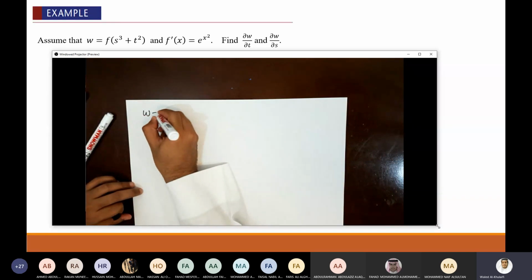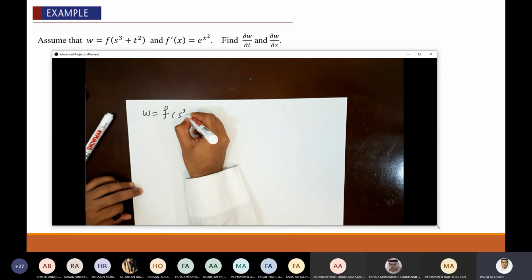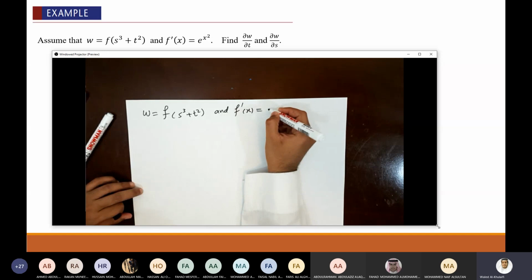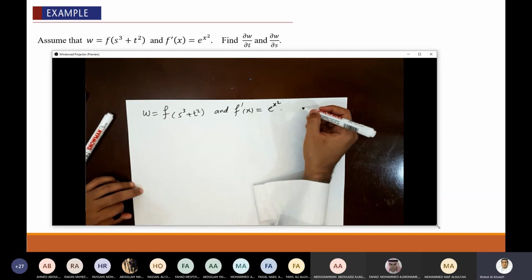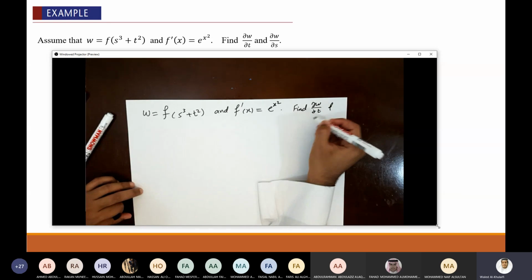Now, so you have this w, a function of s cubed plus t squared. And he told you that this derivative of f at x is equal to e to the x squared. He didn't give you the function f, but he told you what the derivative is. Right. So he asked me to find partial w by partial t and partial w by partial s.